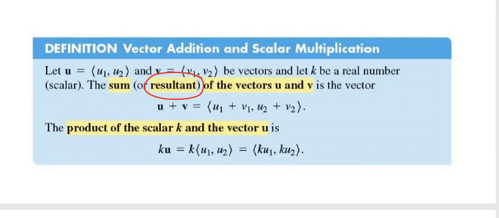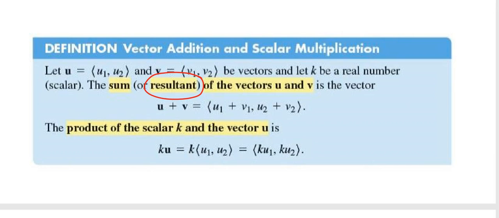A resultant vector is when we add two vectors together, which we will need to work at here in a second. We'll get to these in homework. This isn't really that hard.